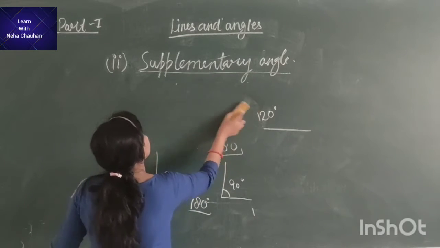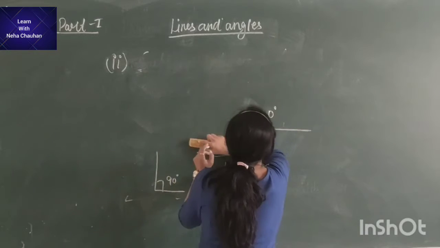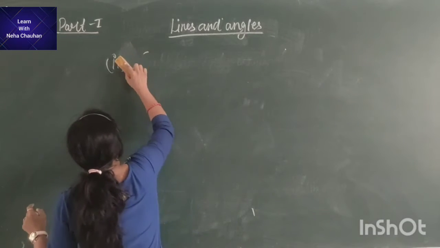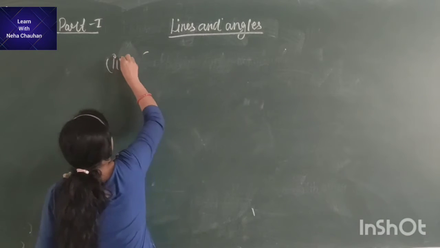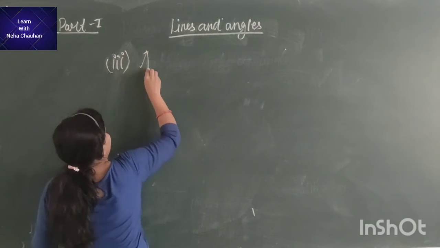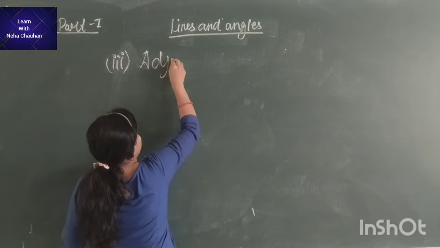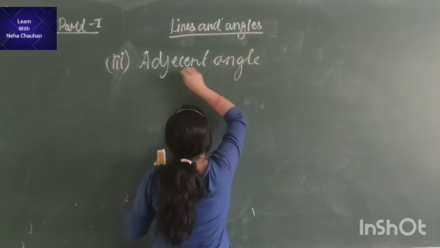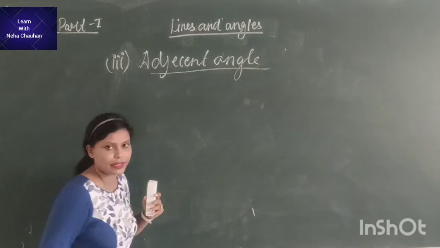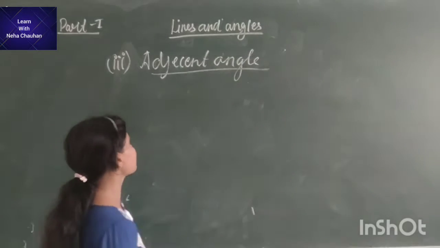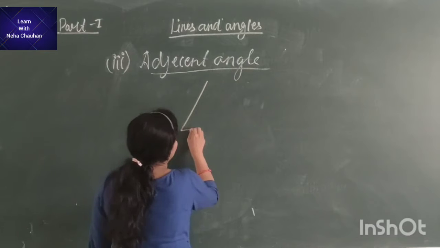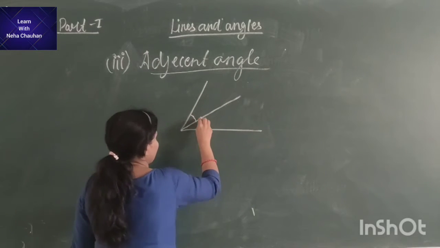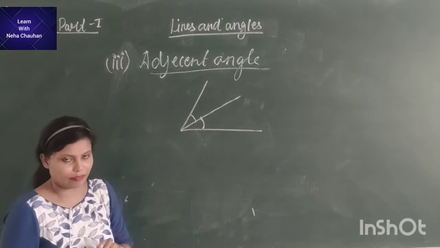Let's move to the next pair of angles, that is adjacent. Adjacent angles are those angles which are just next to each other, right?